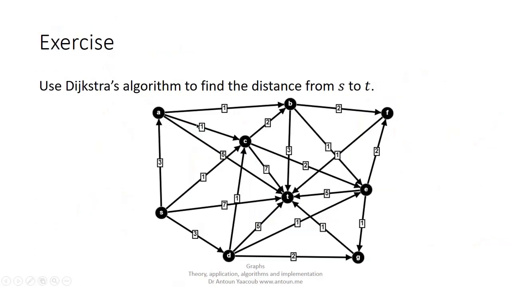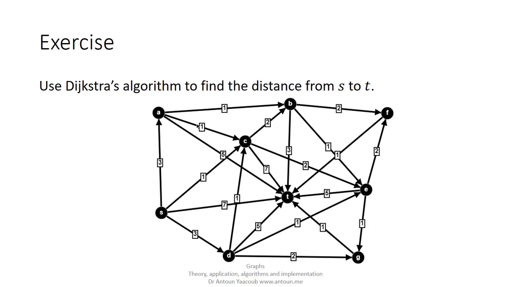So let's do an exercise here in order to fully understand Dijkstra's algorithm. We need to use the Dijkstra algorithm to find the distance from S to T. As you have seen in the example before, in the animation, we're always trying to find the best vertex by which we can pass in order to minimize the shortest path.